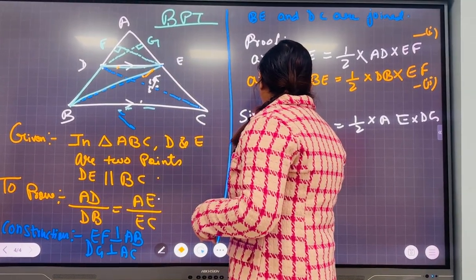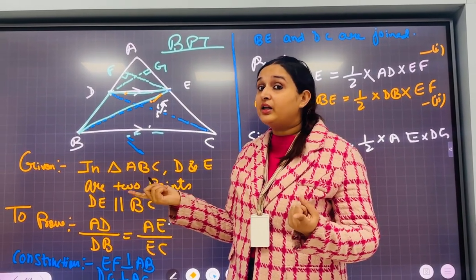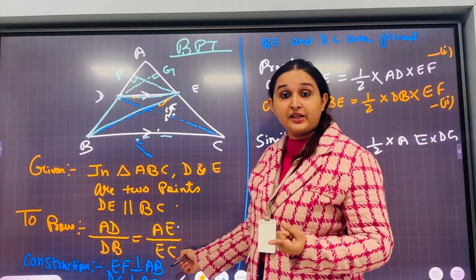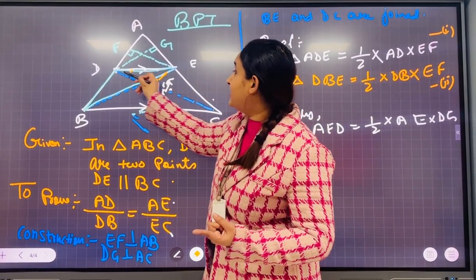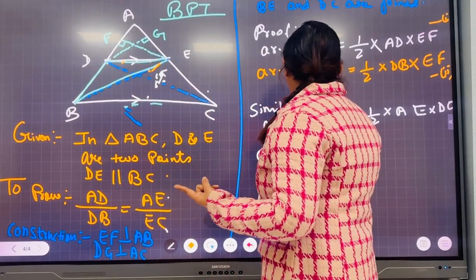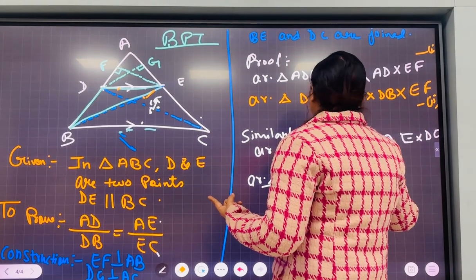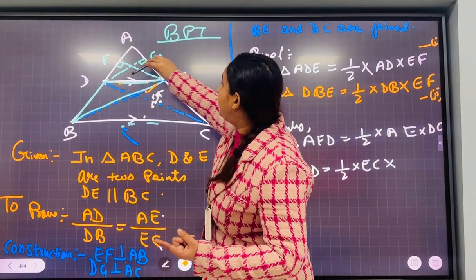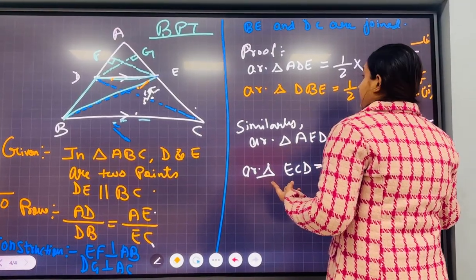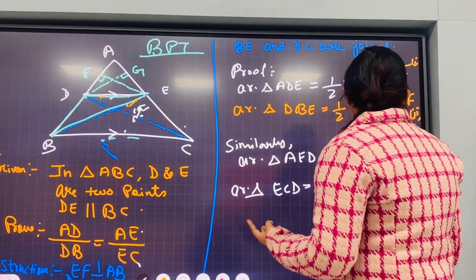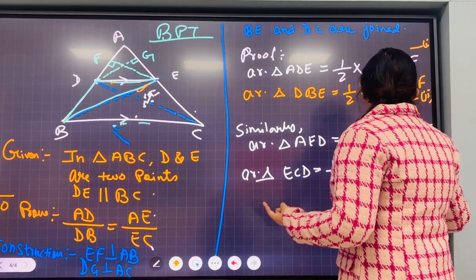And can you tell me which triangle we are going to take next? Next triangle will be, see the side EC, right? So EC and D. So area of triangle ECD will be half into EC into, and this time the height is going to be DG. DG, right? Let this be equation number 3 and 4.